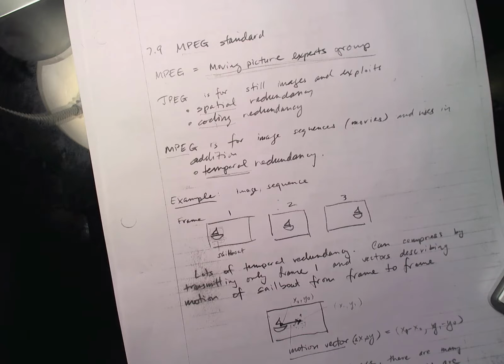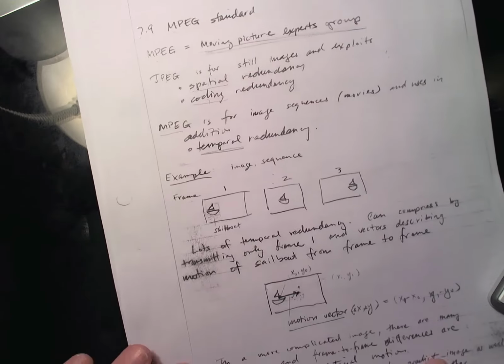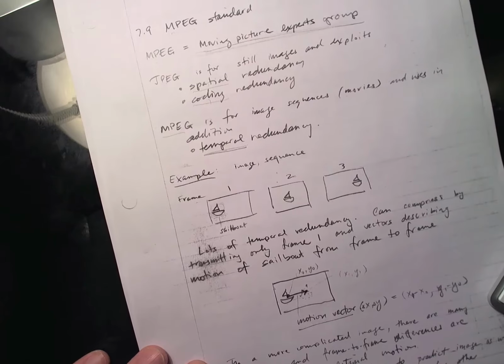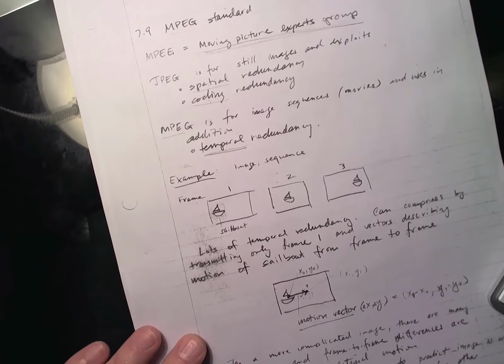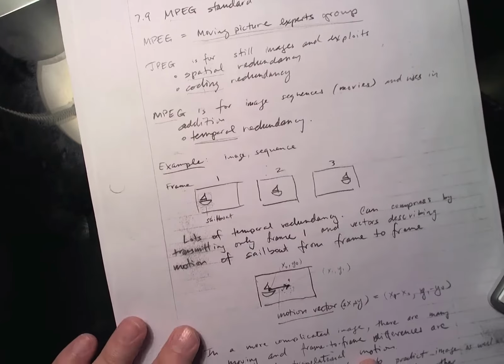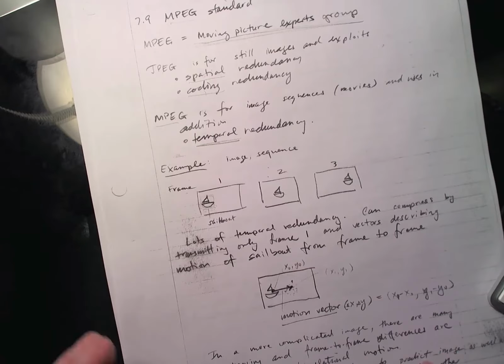We can do the first frame, and then if the second frame is very similar, we can just describe the things that have changed. So it's about how do you cleverly communicate what changes have taken place. A big ingredient of change in a movie is motion. Things move around.